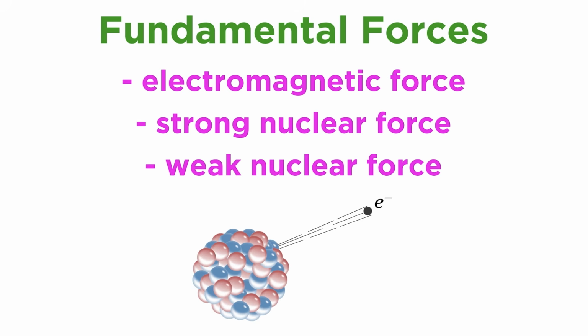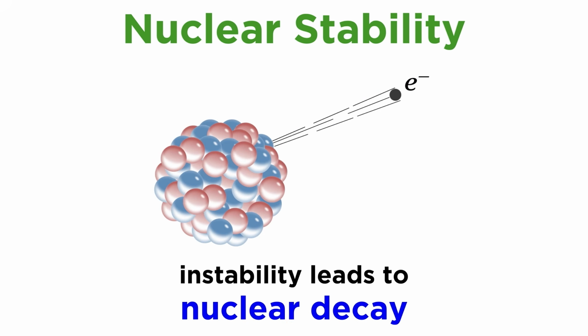Apart from the electromagnetic force and the strong nuclear force, there is also the weak nuclear force, which mediates nuclear decay. This is important in the context of nuclear reactions, because if a nucleus is unstable, it will undergo some kind of nuclear reaction in an attempt to become more stable. This will typically involve emitting a particle of some kind, so let's go over these particles and their properties.